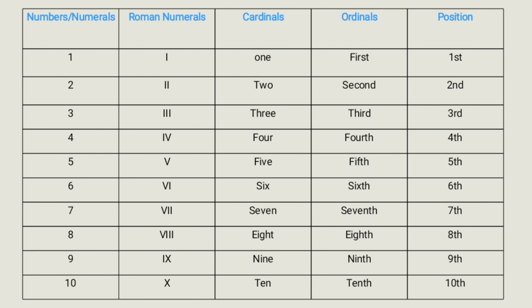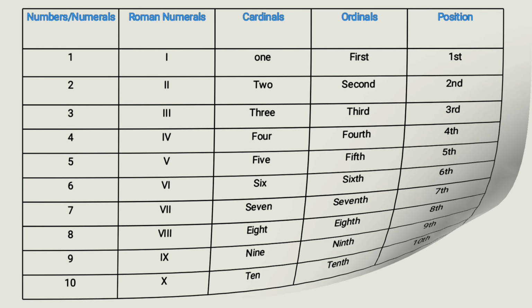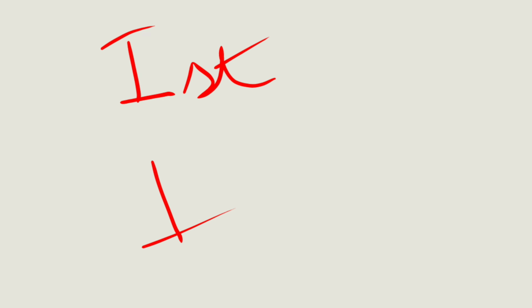Regarding Roman numerals, bache, the mistakes which students commit, the very first thing is they write horizontal lines over Roman numerals, and then they use ST here. Okay, and then they write second with ND either here or here.